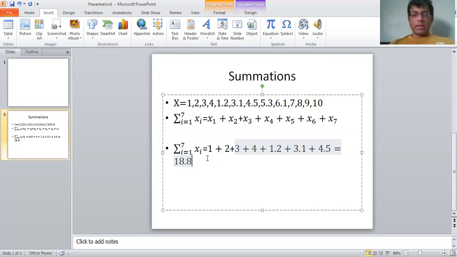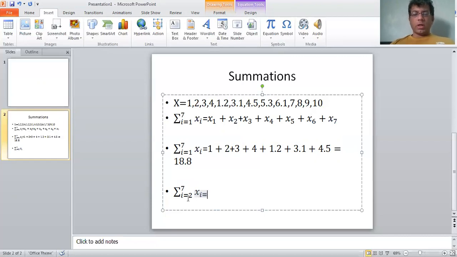Let's take another example to see how differently summations can be asked. Suppose the question was i equals 2 to 7 xi. And what does this mean?